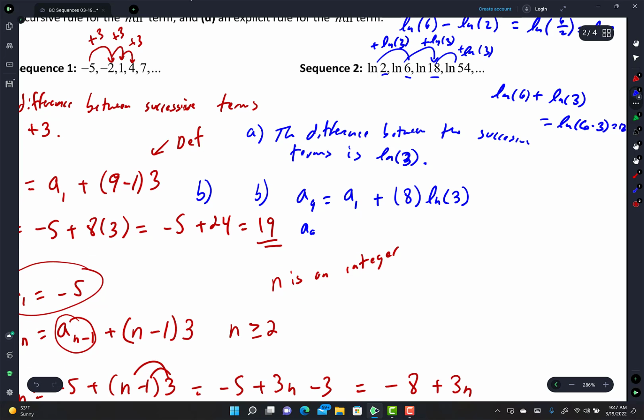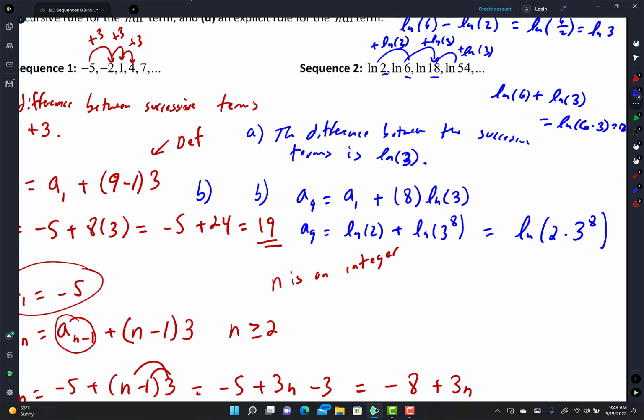So a sub 9 equals ln of 2 plus, and I'm kind of tempted to write it as ln of 3 to the 8th power. Is that okay with you guys? So then this must be ln of 2 times 3 to the 8th. I could write it as a number, but I'm going to leave it like that. It's a big number. How do we feel?